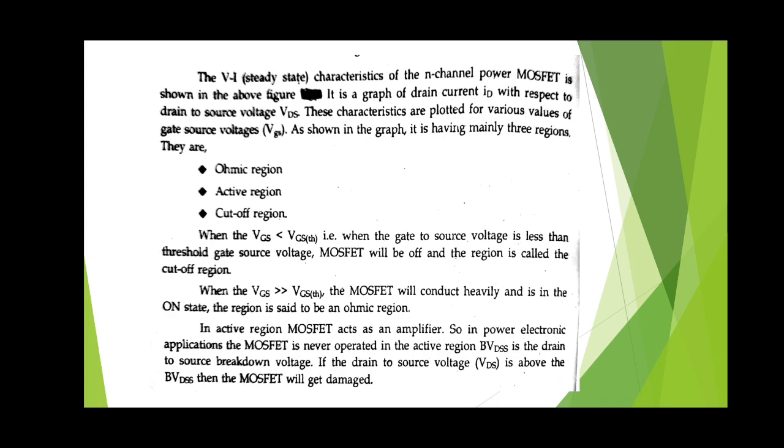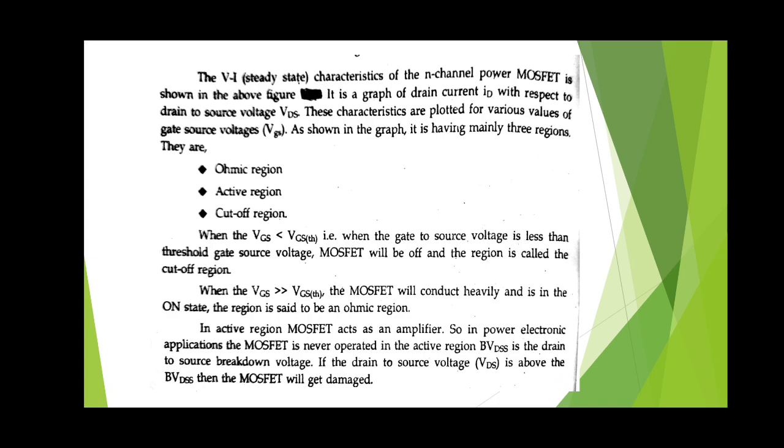So in the power electronic applications, MOSFETs are never operated in the active region. In the active region, it acts as an amplifier. So for switching applications, MOSFETs are operated only in ohmic and cutoff region. Then we define one parameter, that is BVDSS.